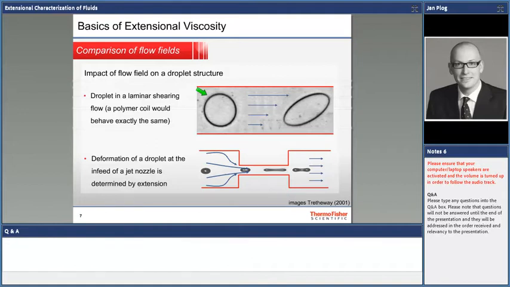What you see in a shear flow field is that this spherical structure is only deformed more or less to some kind of ellipsoidal structure. Depending on the shear rate, on the characteristic speed of your flow field, you will come more or less to an ellipsoidally deformed structure.